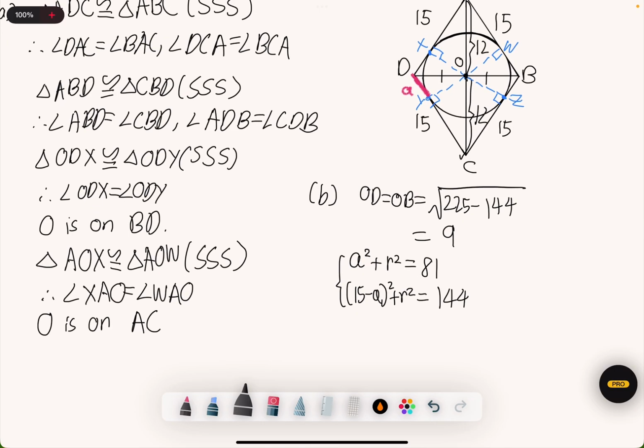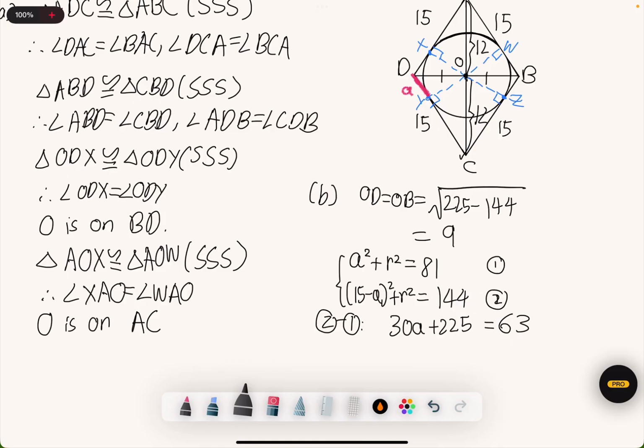So solving this, if we subtract one equation from the other, we subtract 1 from 2, we get negative 30A plus 225 equals 144 minus 81, which is 63.